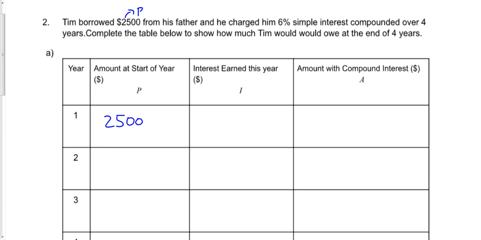It's going to be $2,500. We know that the interest rate, this is our R value, is going to be 0.06.